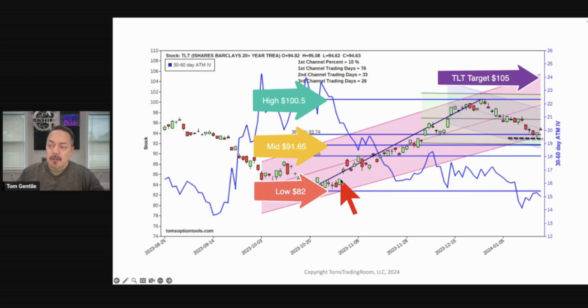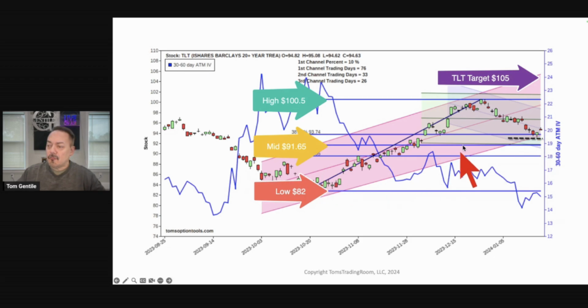So this chart is inverse of interest rates. As it goes up, rates go down. As it goes down, rates go back up. We most recently, by about the end of December, hit a high of 100.5, we pulled back from that and are currently bouncing off of the top line support around 93.74.